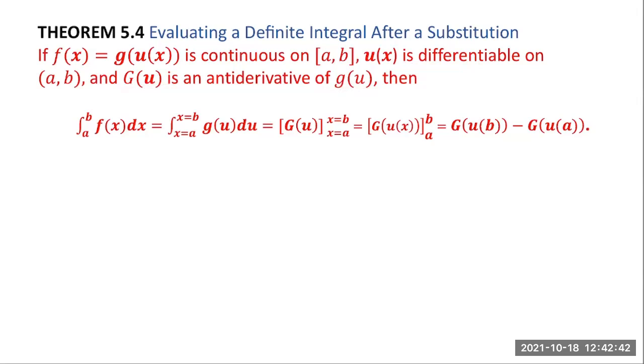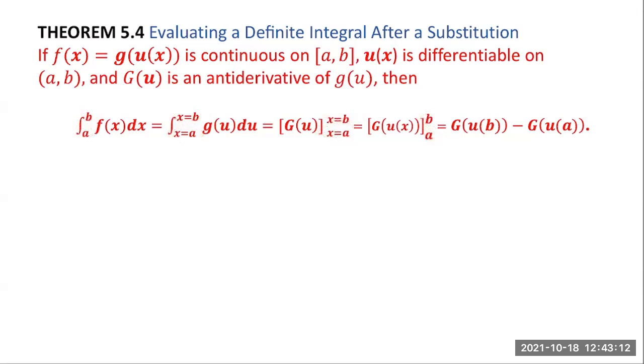The definite integral from a to b of f of x dx is equal to, you put the x limits here, the integral of g of u du, which is equal to, remember, an antiderivative of g of u is uppercase G of u. You plug in G of u here and you put the x limits. Remember, you started with x limits, and you keep the x limits.